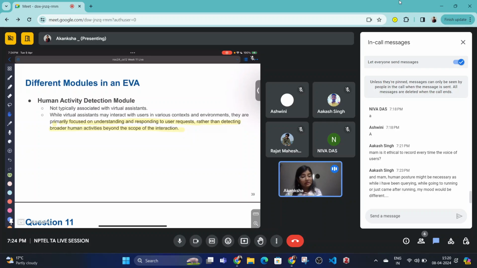Then comes human activity detection. It specifically means whether the person is standing, what the person is currently doing: sitting, standing, running, lying, sleeping, like that. In certain applications you can use it, but in most of these agents it's usually not a part of it.